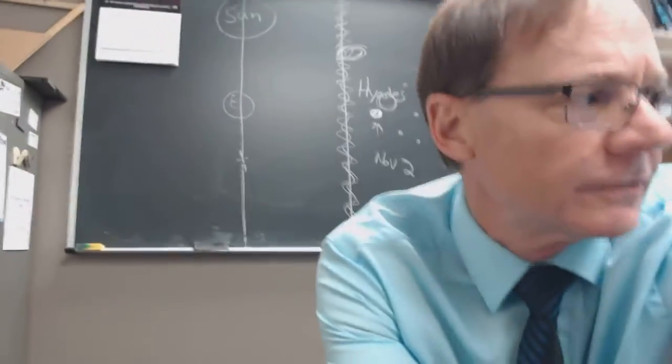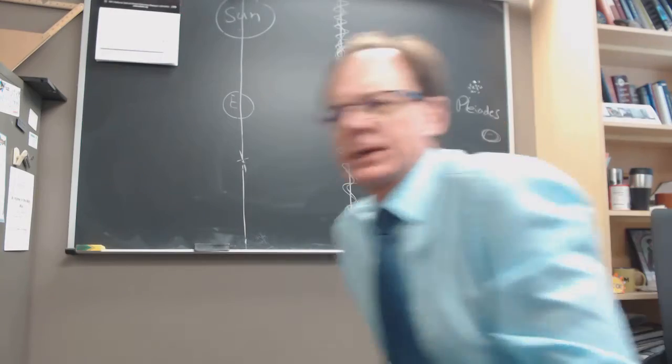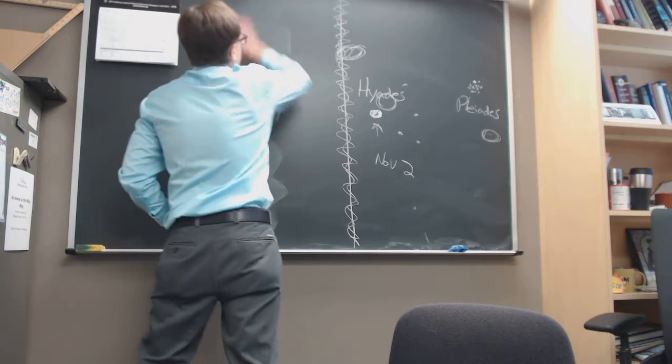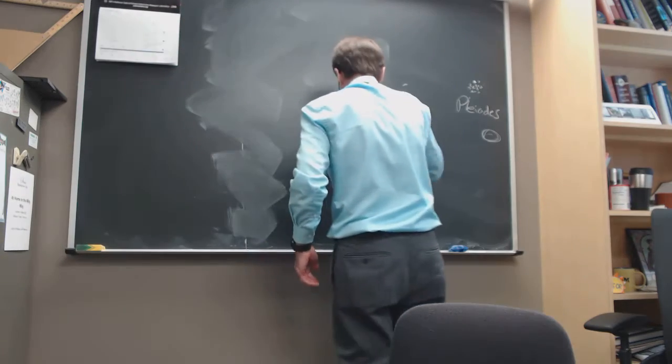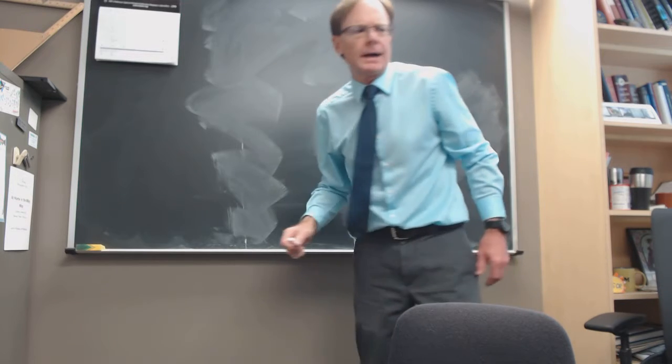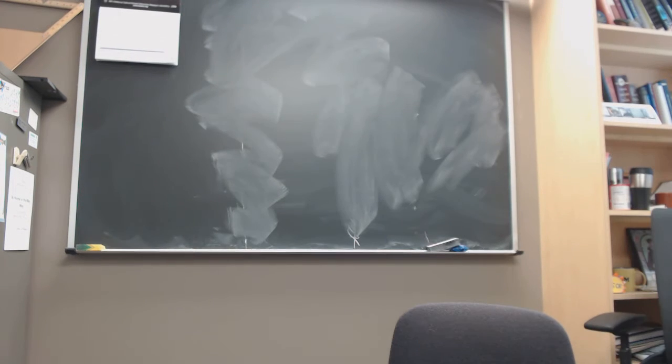Let's look and see what we can do with this. The first thing that we're going to look at is Wien's law, Wien's displacement law, in terms of the color of the light bulb.